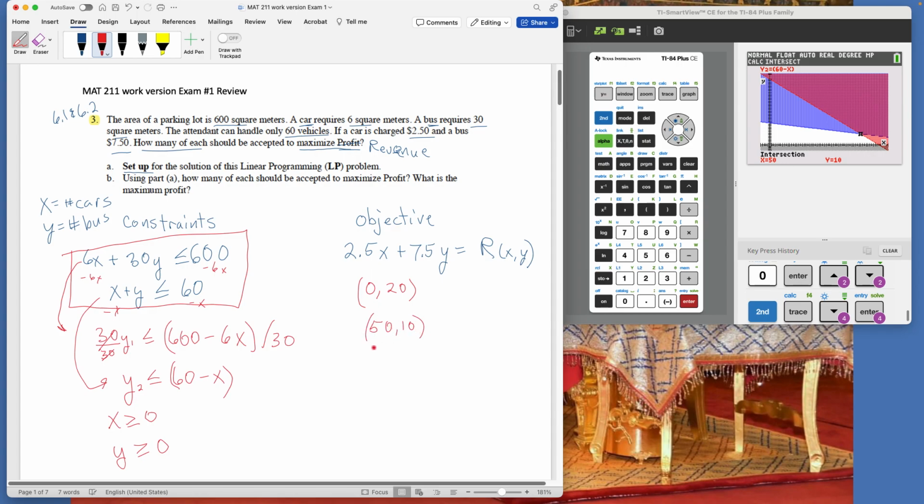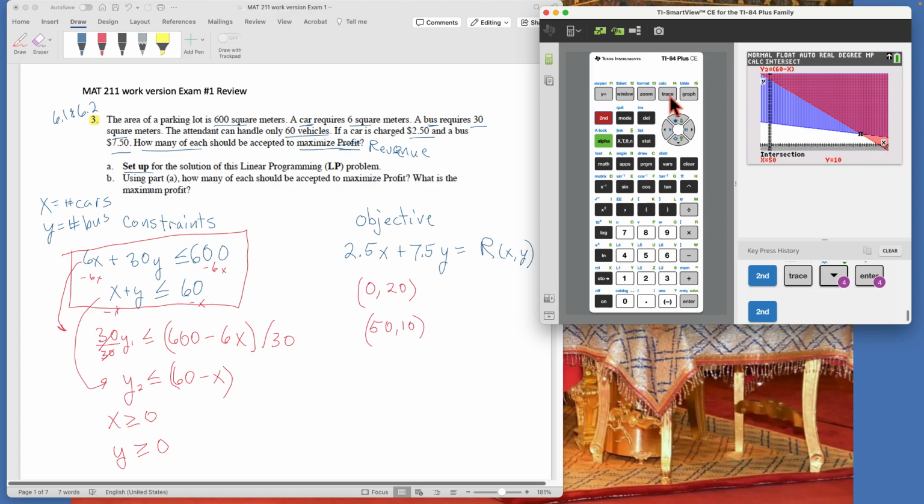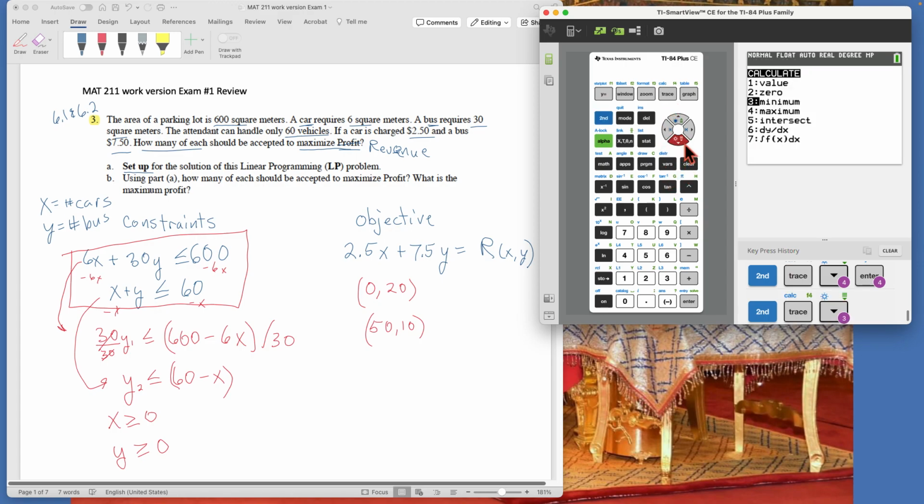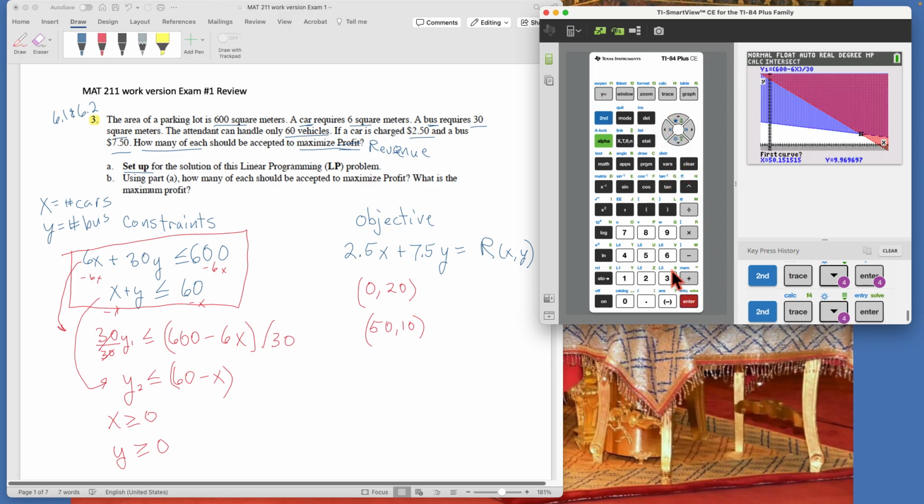That's a possibility. And then there's a final one down here, and again, that's going to be the intersection of y equals 0 and the y2 that I'm on right now, so the intersection of y2 and y3. So I can go second calc, intersect, and okay, I'm on the blue one. That's not the one I want to be on, so I'll hit either the up or the down arrow.